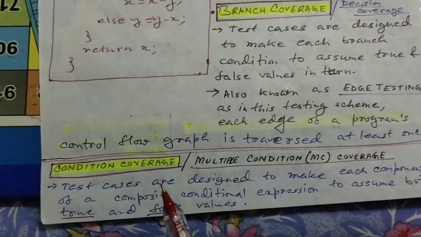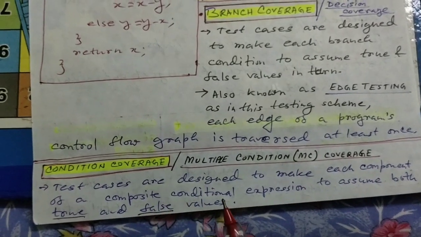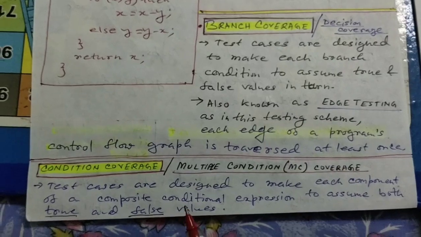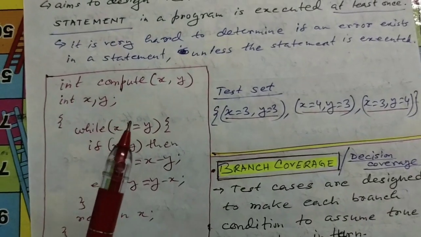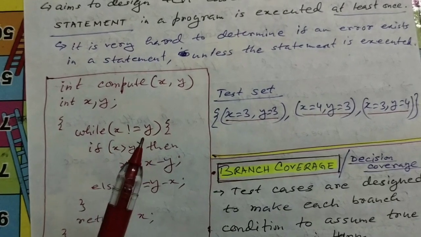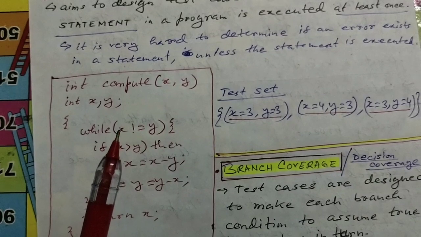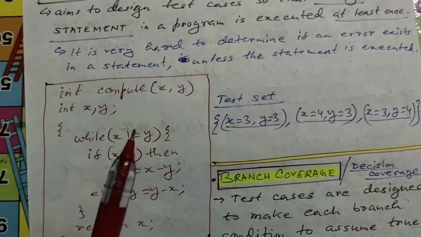Now here test cases are designed to make each component of a composite conditional expression assume both true and false values. So each condition will be checked. Here x not equals y is a condition. This condition will be checked or verified by making it true and false in turn.